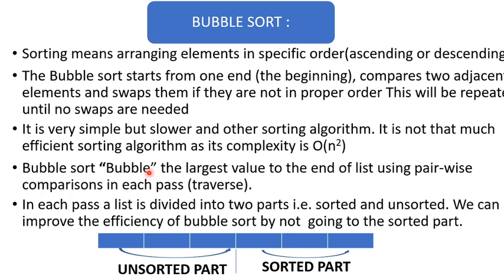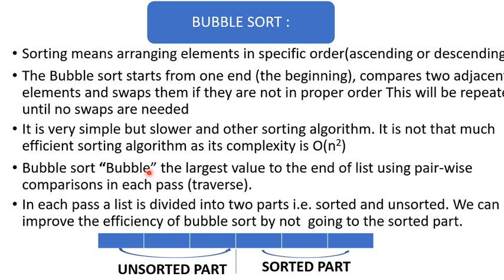Okay. Now coming to the advantage, bubble sort is one of the simplest algorithms for sorting in data structure. And in disadvantage, bubble sort is very much slower than the rest of the algorithms. Because it is slower, it becomes a less efficient algorithm.